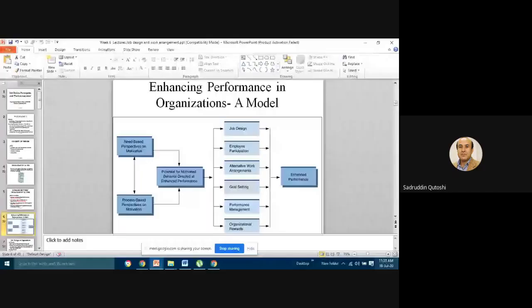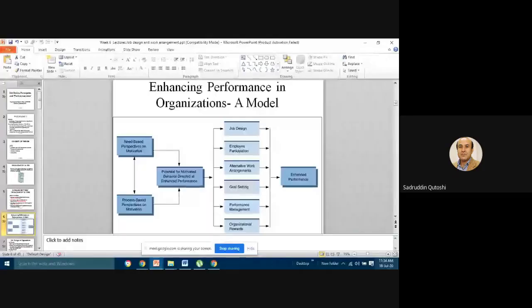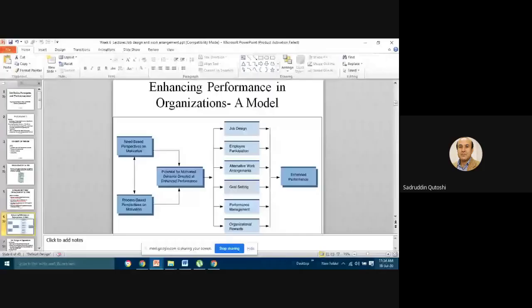So how would you expect them to enhance their performance? As a manager, you need to look at everything that directly or indirectly contributes to enhancing the performance of employees. In this way, we can understand the nature of this model.